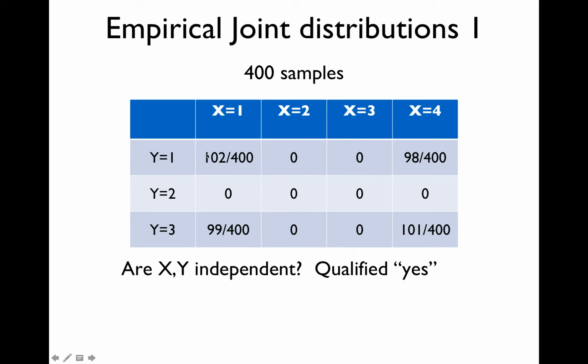This distribution is very similar to the 1 quarter, 1 quarter, 1 quarter, 1 quarter that we had before, but the ratios are not exactly a quarter. So can we decide if this distribution is dependent or independent? Well, we'll see how to formalize it later, but intuitively we can say this is very, very close to the distribution that would arise when they're independent.